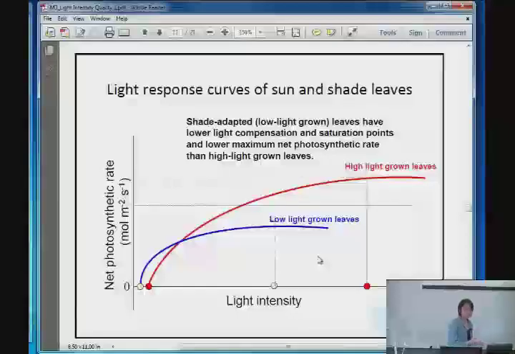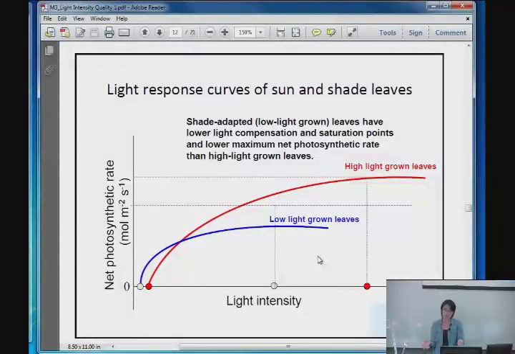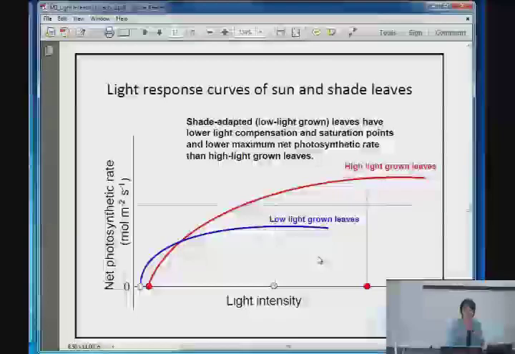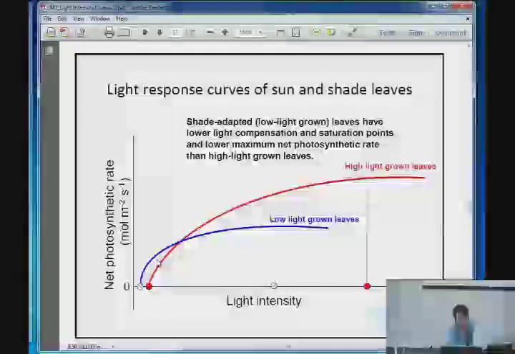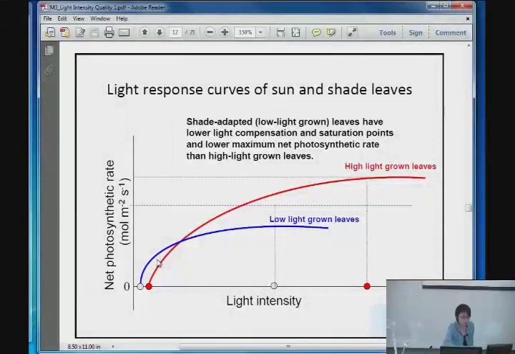Low light growing plants, even in the same cultivar, the same species, when they adapt to low light, they reduce the maximum photosynthetic rate at the saturation point, but increase the initial efficiency like that. And you see a greater photosynthetic rate under the low light range compared to high light grown plants.